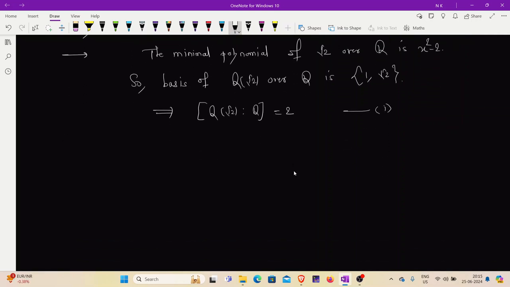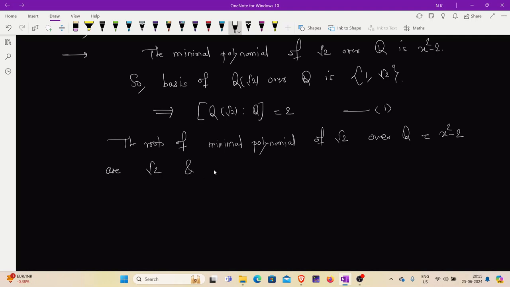Now let's find the automorphism group. Now the roots of the minimal polynomial of root 2 over Q, that is x square minus 2, are root 2 and minus root 2, right?